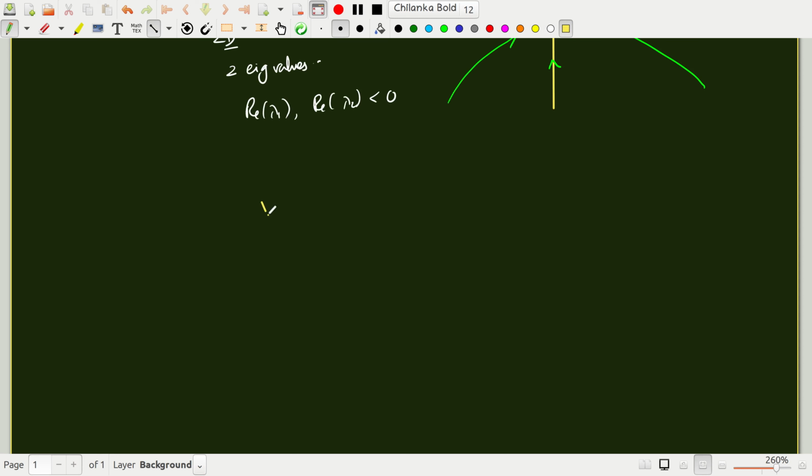Similarly, if you have an unstable fixed point, let's say the origin is an unstable fixed point, then all trajectories will flow away in some fashion.